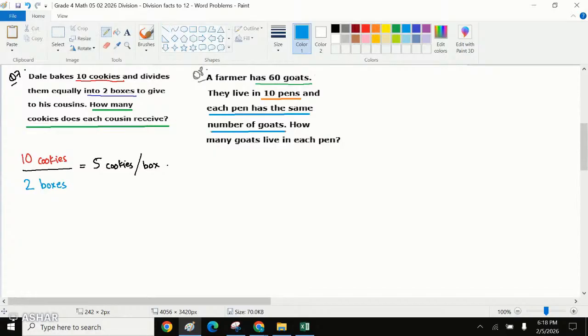Yes, thank you, May. So we need to find how many goats live in each pen. So we can say that the total was 60 goats, and there were 10 in each pen. Okay, so when we are dividing, we know if we have zeros, we cancel them out, and we can say directly 6 goats in each pen or per pen.